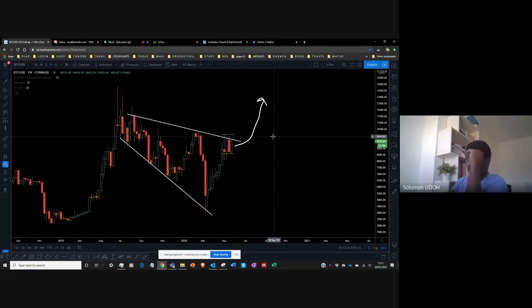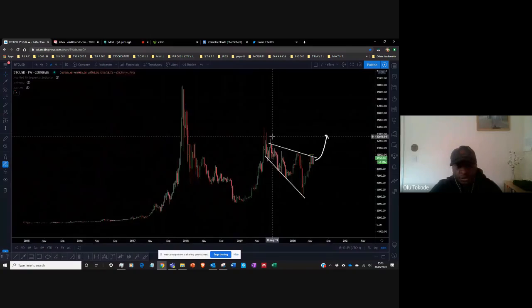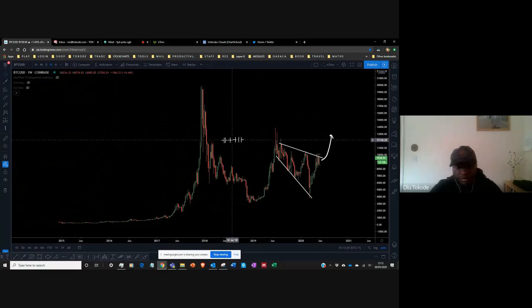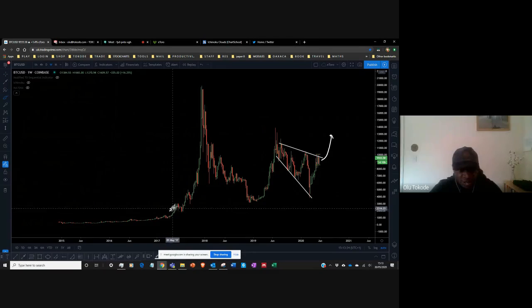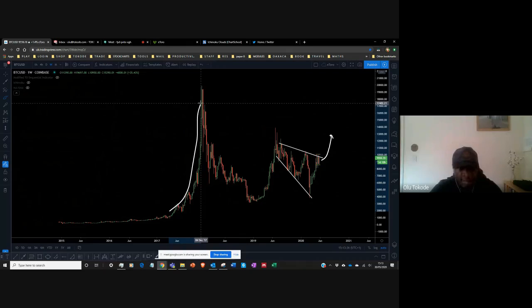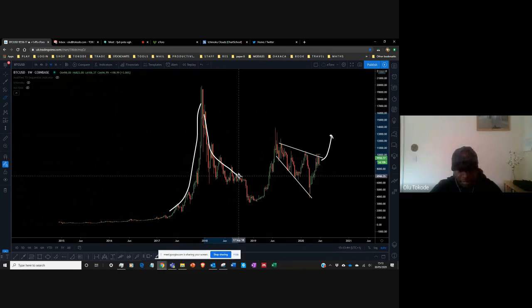If you use wave analysis, you have two kinds of wave. You have an impulsive wave, which is a violent, sharp move in price. Then you have a consolidation, which is not as violent as the impulsive, a bit of a correction.